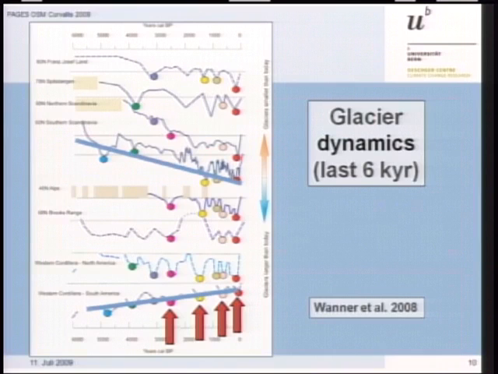And what we can see is that there were mainly 4 very remarkable advances, which were partly at the same time in different areas: the so-called Little Ice Age, then the migration period pessimum around 600 AD, the 2800 BP event, which is also known, especially in Europe, as the tree-ring downturn, and then the 4200 event.